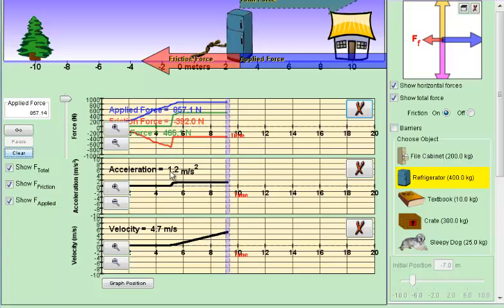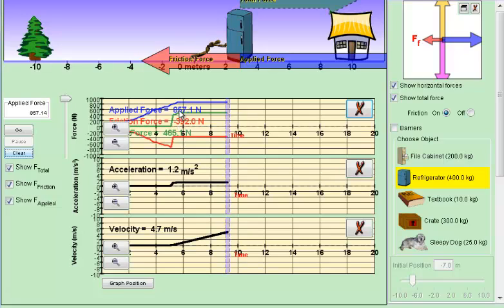Now, just another thing we can check is that here the acceleration is 1.2 meters per second squared once it gets moving. We can figure that out using F equals ma, or the net force is the mass times acceleration, by looking at the net force as being the applied force minus the friction force.